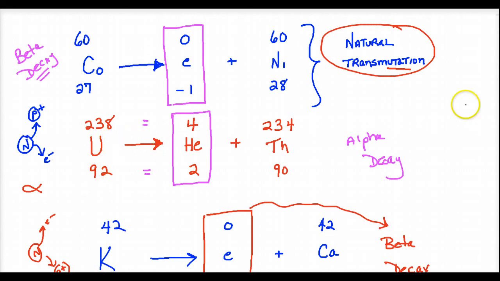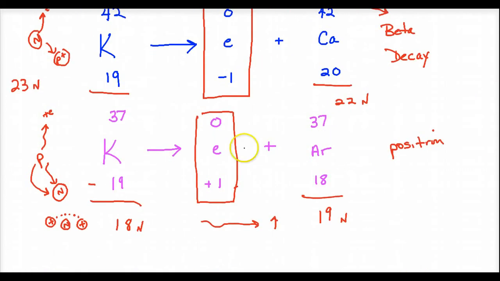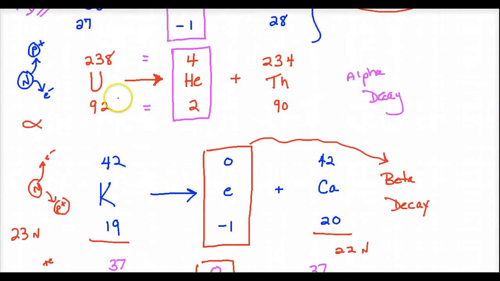So you can actually make some guesses of what kind of emission it gives off, whether it's alpha, beta, or positron, based on the number of protons. If it's beyond atomic number 83, it's going to be an alpha to get rid of the extra protons that are making the nucleus unstable.